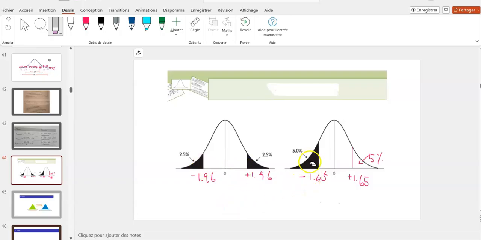And if you consider only one tail, that is only the negative part, then you can say only 5% for the negative part, not the positive part. So that is really related to hypothesis. We can see that when we have the session about inferential statistics.